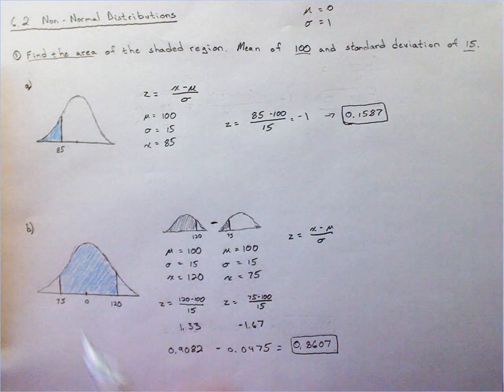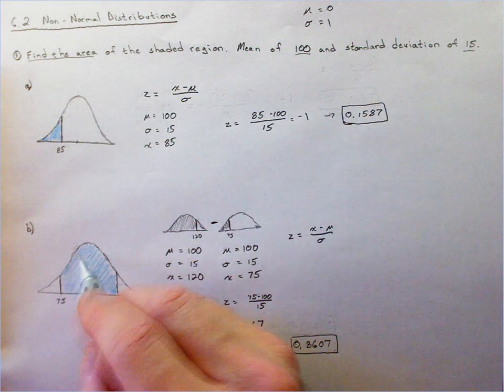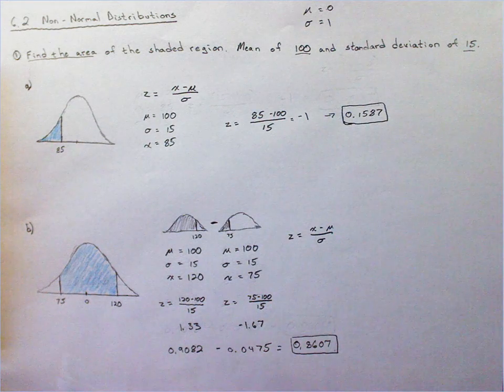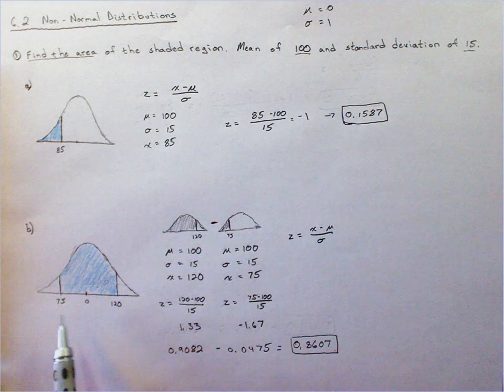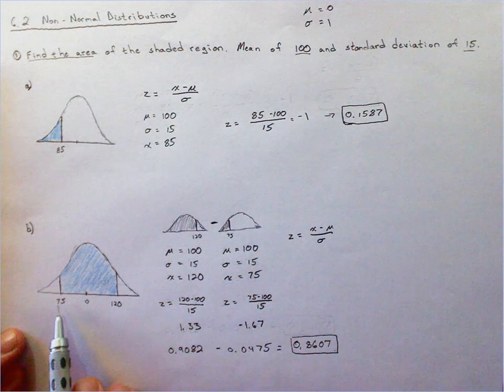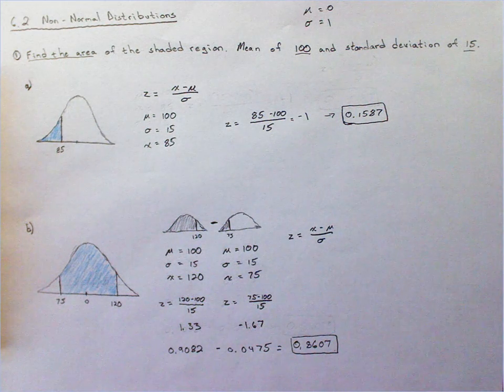To put it in words, this shaded area right here represents 86% of the people. 86% of the people have IQs that range from 75 to 120. Okay.